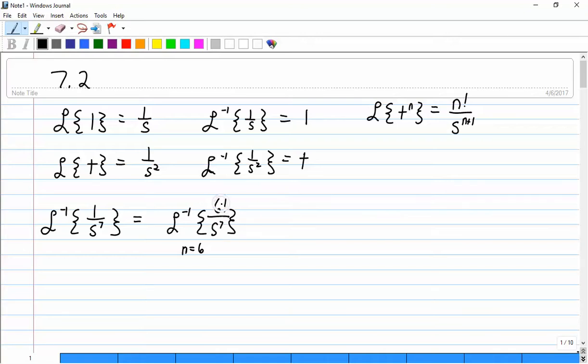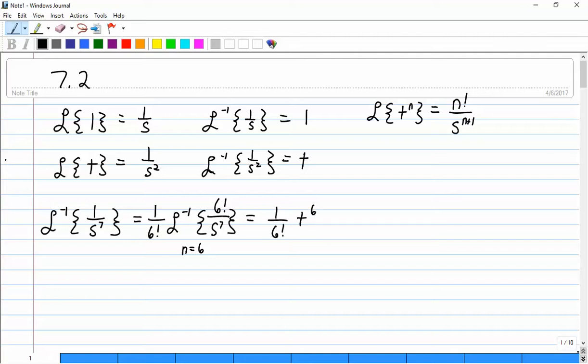But if I'm going to put a 6 factorial here, I can't just do it arbitrarily. I need to bring out a 1 over 6 factorial. So if I put a 6 factorial here, and I have a 1 over 6 factorial here, they would cancel out, and that would give me just 1 over s to the 7th, right? So I can now take the inverse Laplace transform of this and get t to the 6th. It's just that I have 1 over 6 factorial in front of it.